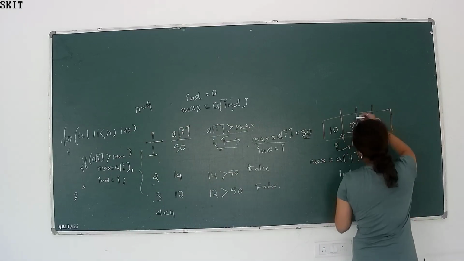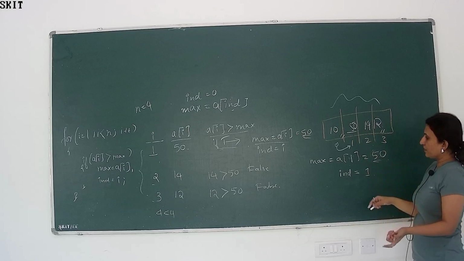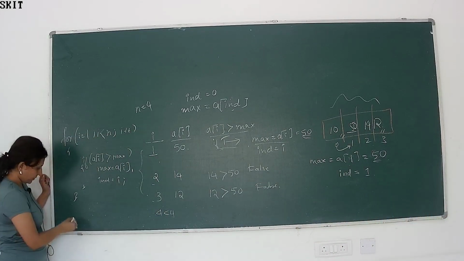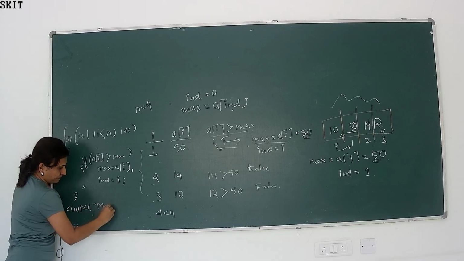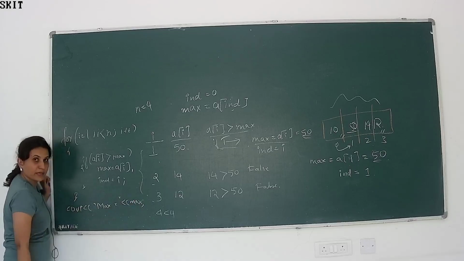Is 50 the greatest element in this array? Yes. Once you come out of the loop, you can write down cout max equal to max. Okay, at which index?